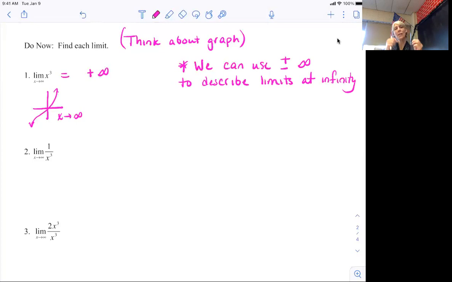But when we analyze the limits as x goes to infinity, we're describing the behavior, so we can actually use positive or negative infinity. Let's just add a little question here. What if I asked the limit as x goes to negative infinity of x cubed? If you visualize the picture, as x goes to negative infinity, my y values are also going to negative infinity.